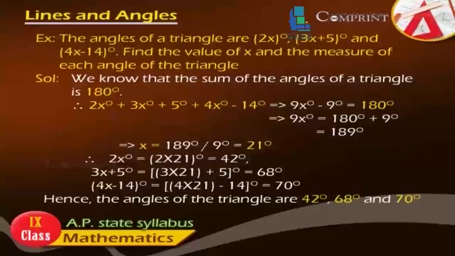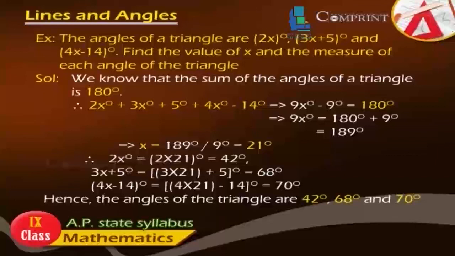Implies 9x degrees is equal to 180 degrees plus 9 degrees is equal to 189 degrees. Implies x is equal to 189 degrees by 9 degrees is equal to 21 degrees.